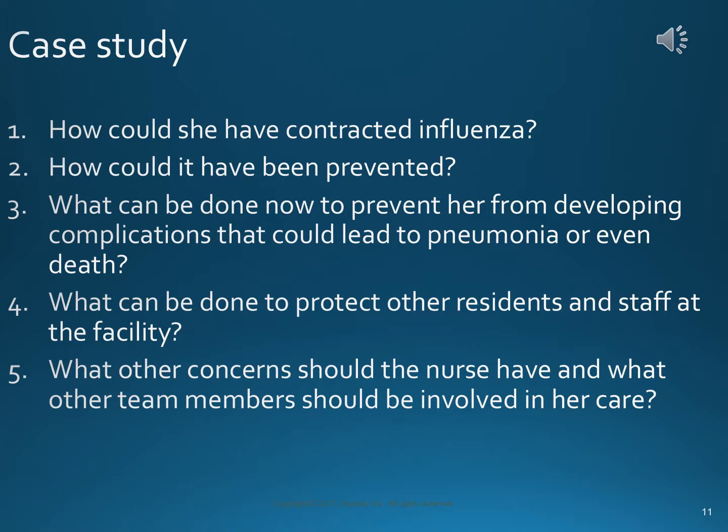You don't know, and if you don't know what to treat, it's hard to treat it. She also has COPD, so she may be hypoxemic, come to think of it. So you've got to decide whether to send her out. And this is a family conference with the nurse, the infection control nurse there at the facility, and also with the provider.